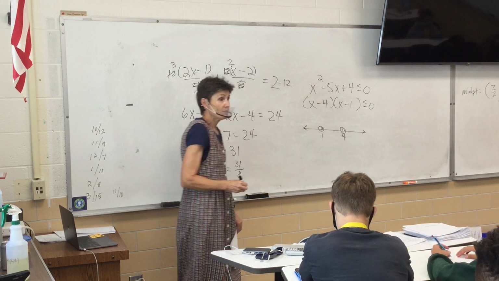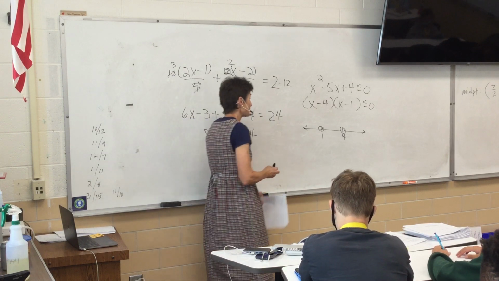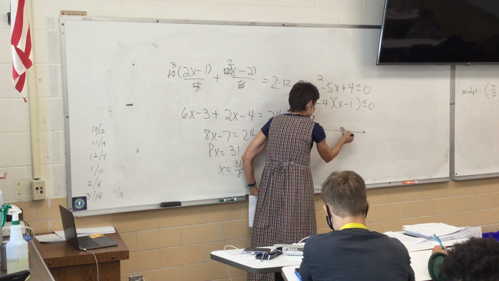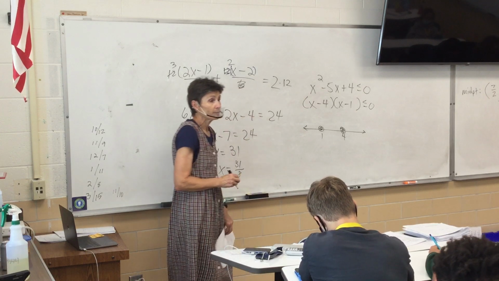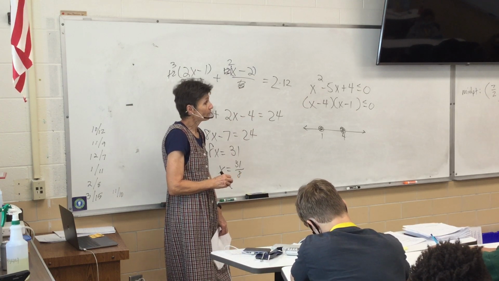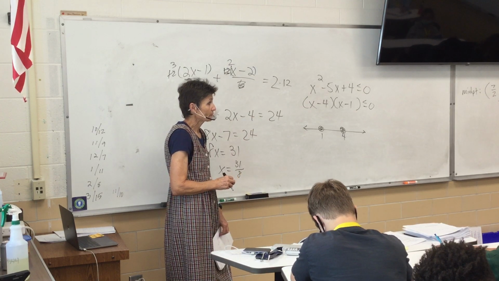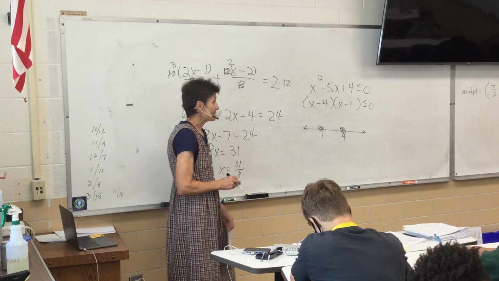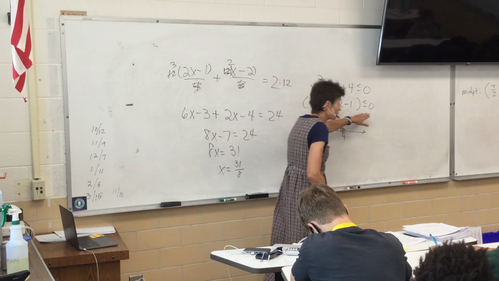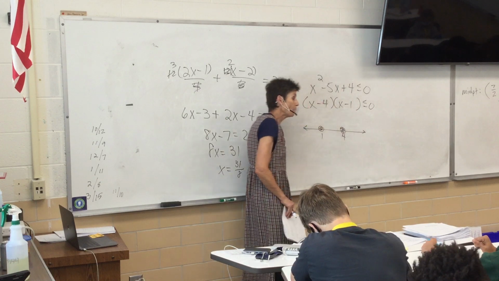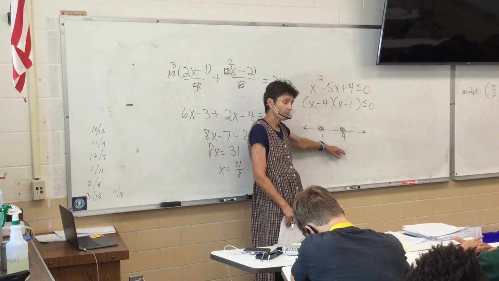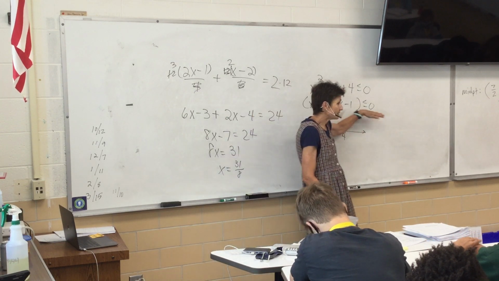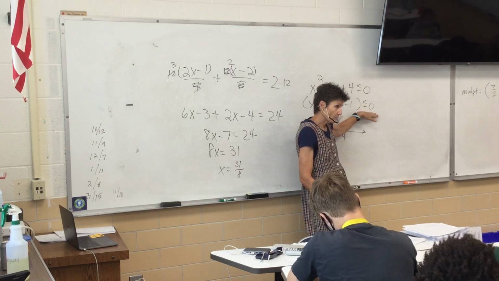This time the dots are going to be colored in, which means I will be using brackets for the 1 and the 4. Now, because it's an inequality, I have to do some shading. When I have 2 dots on my number line, and it's a less than, where do I shade?